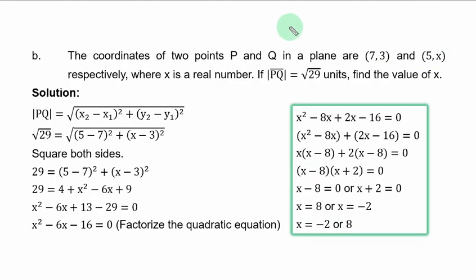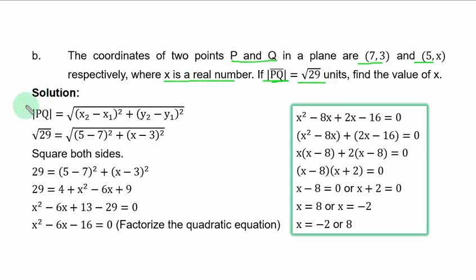Question 12b. The coordinates of two points P and Q in a plane are (7, 3) and (5, s) respectively, where s is a real number. If the length PQ is root 29 units, find the value of s.